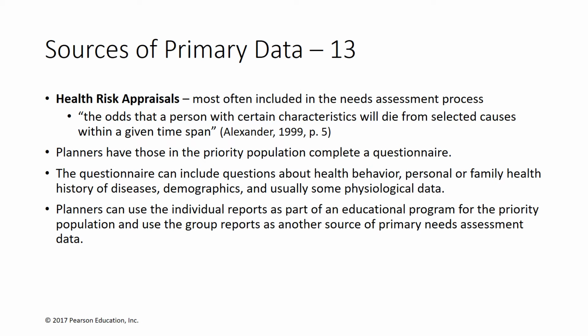But if we look at this given definition, the odds that a person with certain characteristics will die from selected causes within a time span. I just want to draw your attention to odds. If we recall what I was talking about with the different data types and non-parametric versus parametric statistics, when you see odds used in this way, what they're referring to is a non-parametric statistic known as odds ratio.